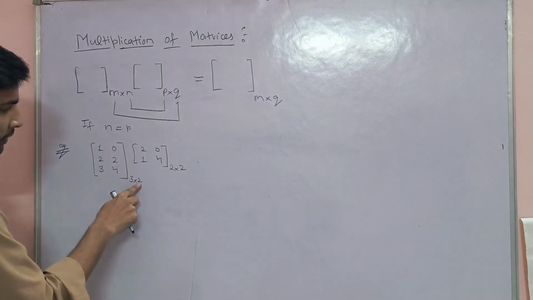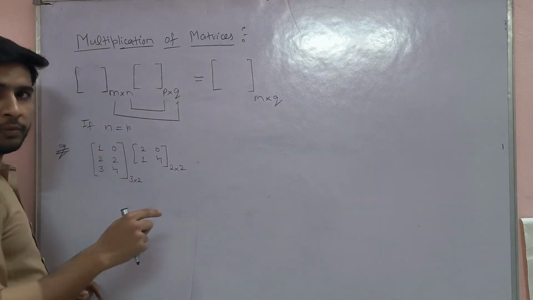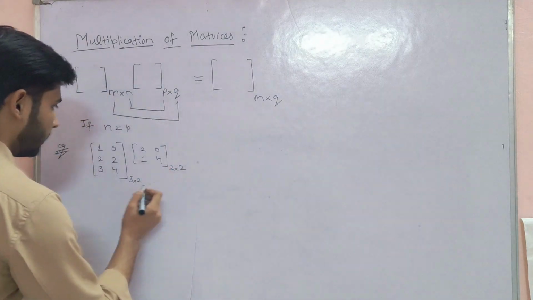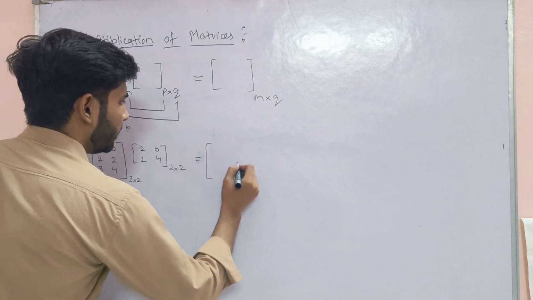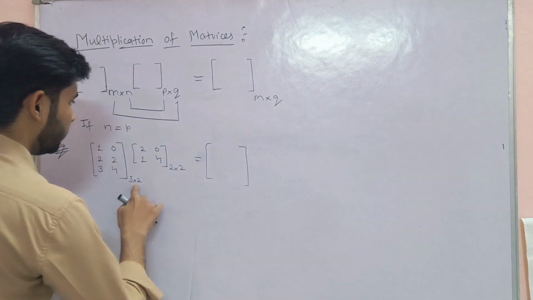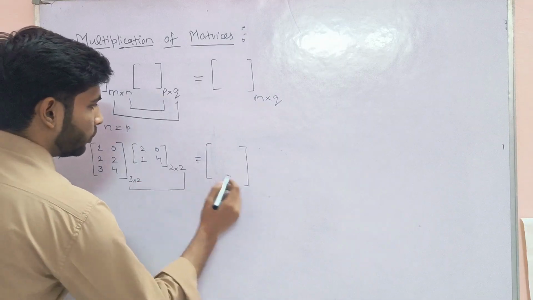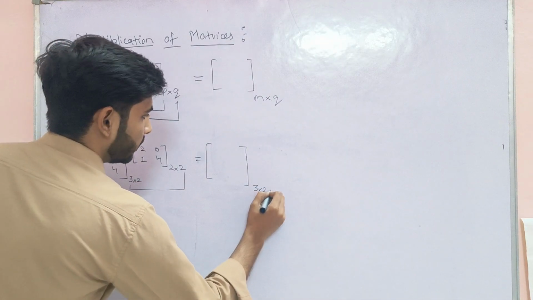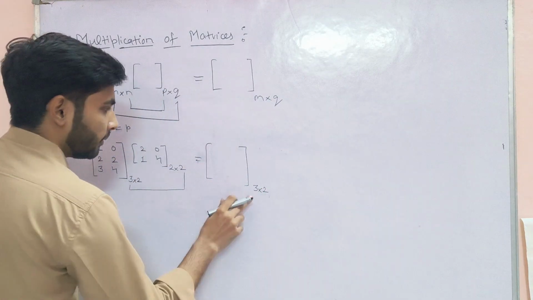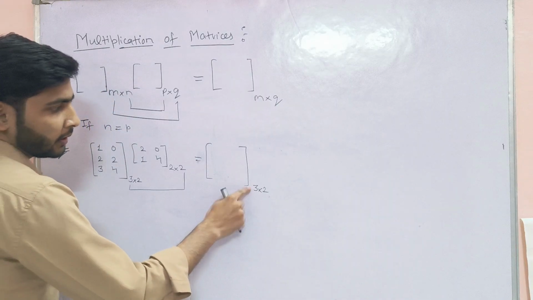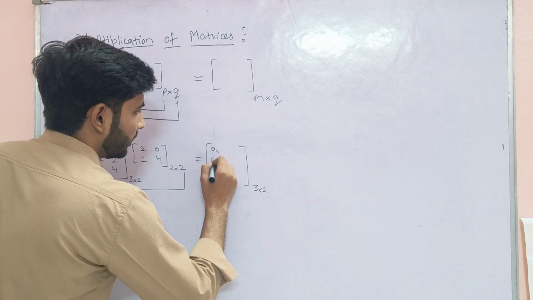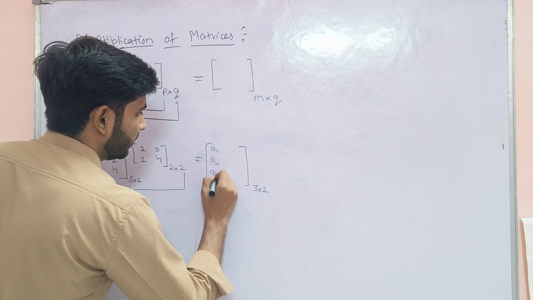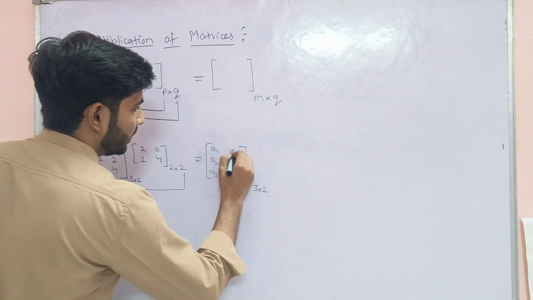So the number of columns is equal to the number of rows, so we can multiply easily. The resultant matrix we will get after multiplication will be of order 3 cross 2. So 3 cross 2 means there are 3 rows, A11, A21, A31, and 2 columns.